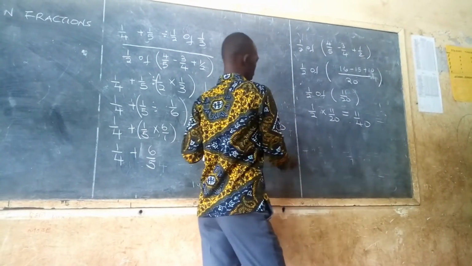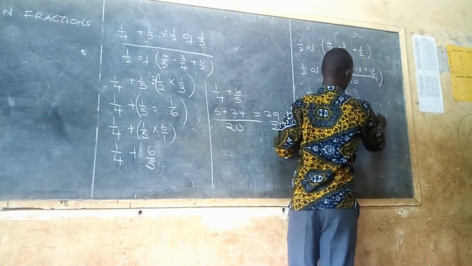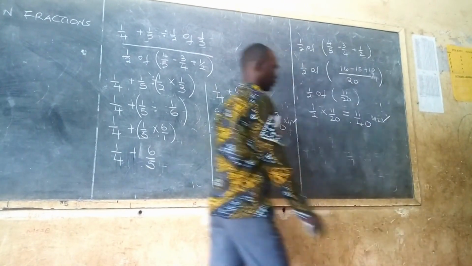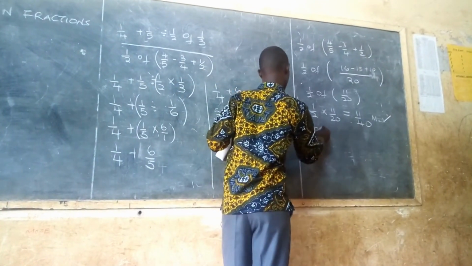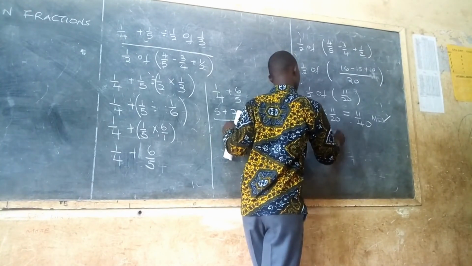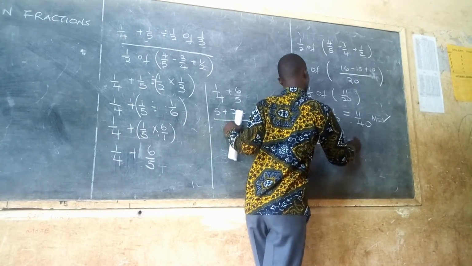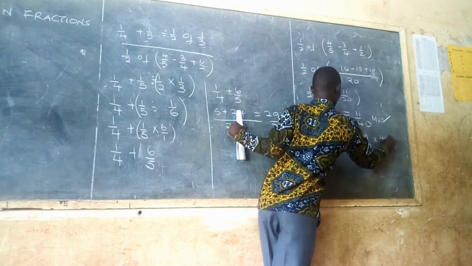The marker is looking for the numerator simplified, denominator simplified, and finally numerator divided by the denominator. We have it as 29 over 20, then divided by 11 over 40, 29 over 20 times 40 over 11.